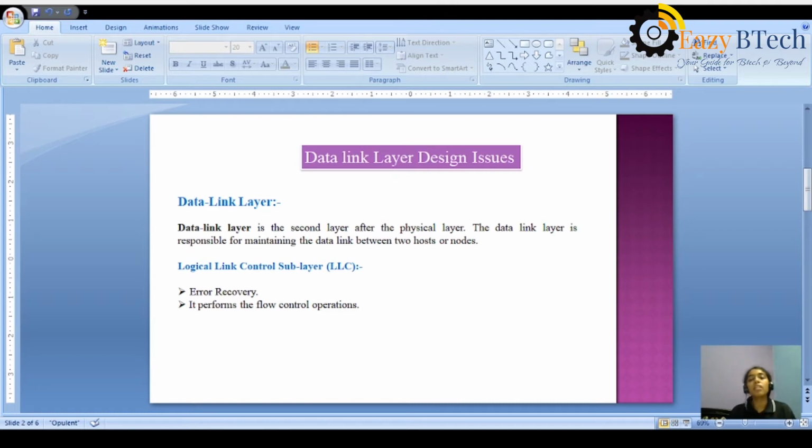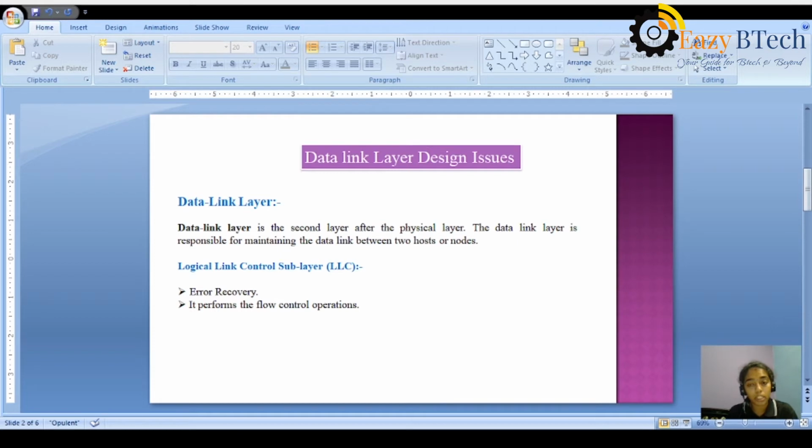So what is the responsibility of each sublayer? Let us get into that. The logical link control layer is responsible for error recovery. It performs the flow control operations. That means we have two main responsibilities, error control and flow control, and these two are fulfilled by the logical link control layer.